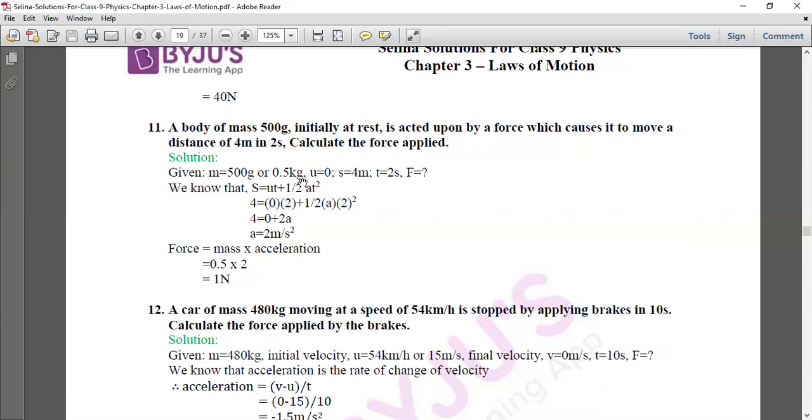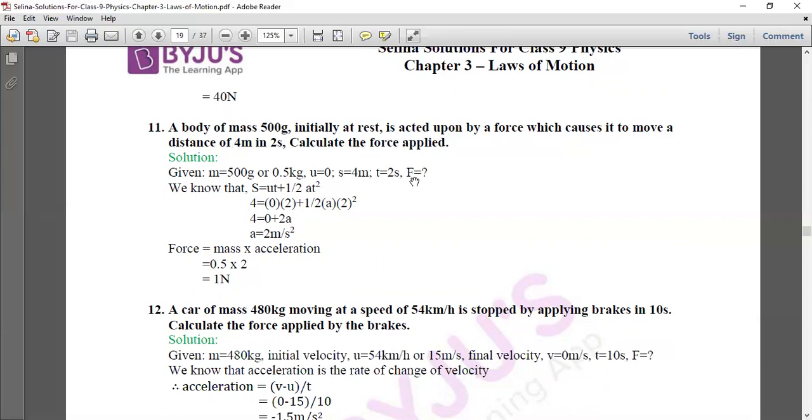Initially at rest means u is equal to 0. The distance moved is 4 meter, so s is equal to 4 meter, in 2 second, so time is 2 second.